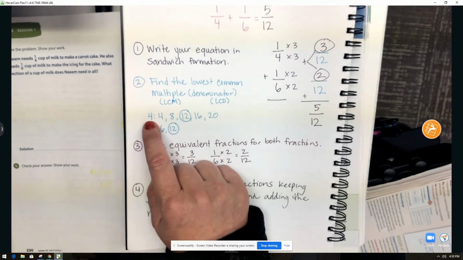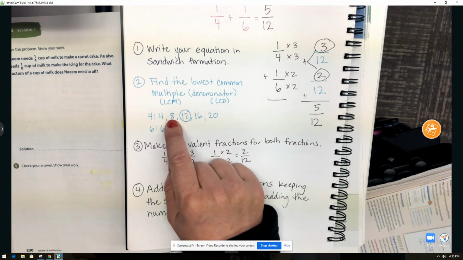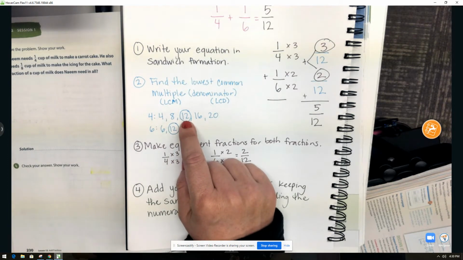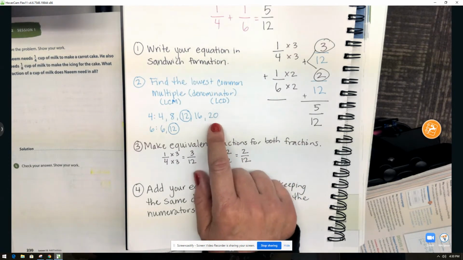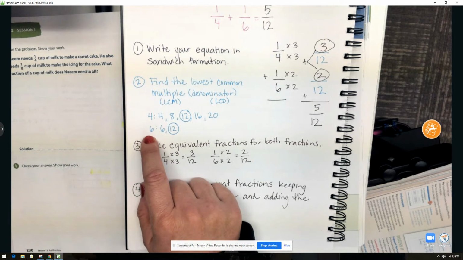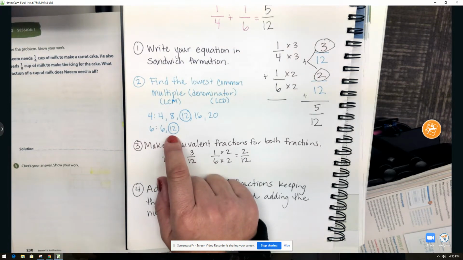So first we will write the multiples of 4. 4 times 1 is 4, 4 times 2 is 8, 4 times 3 is 12, 4 times 4 is 16, and 4 times 5 is 20. Then we're going to find the multiples of 6 until we find a common multiple. 6 times 1 is 6, 6 times 2 is 12.